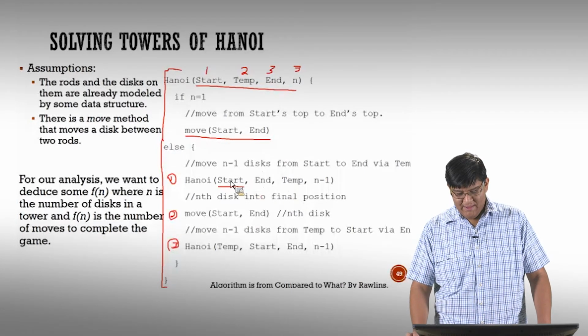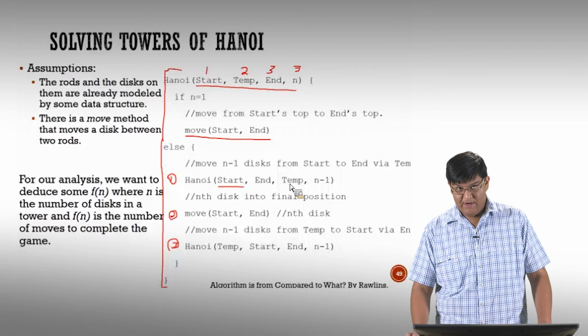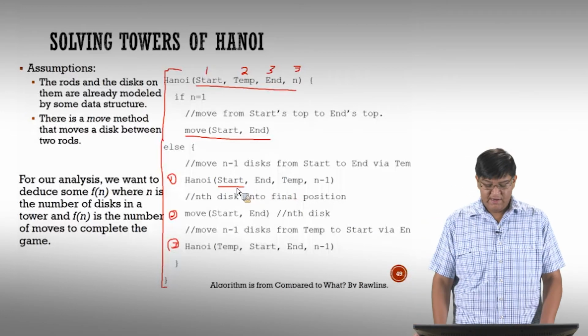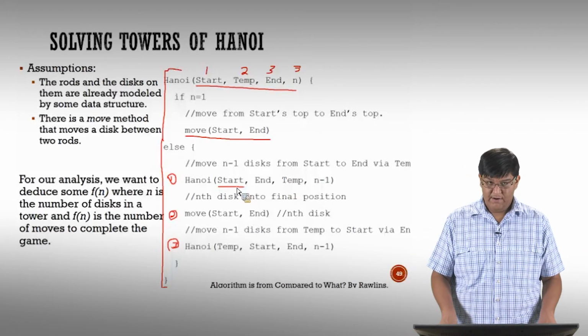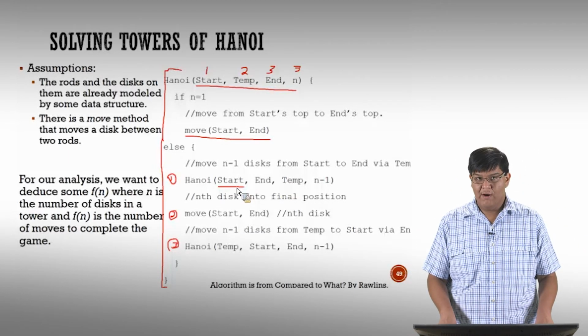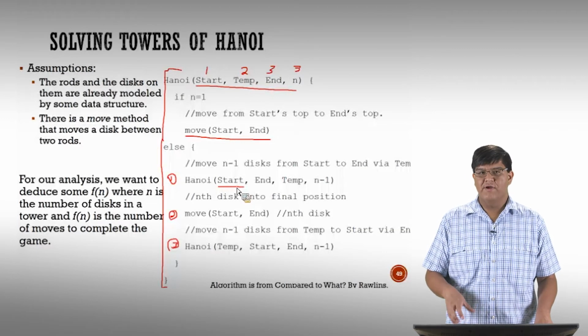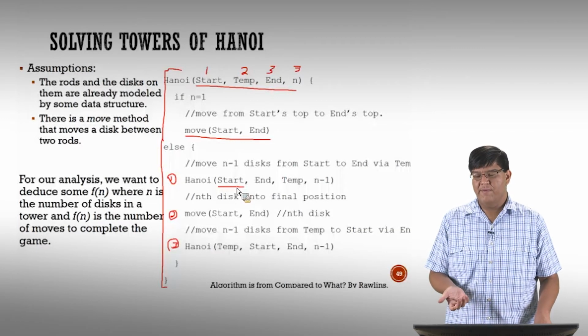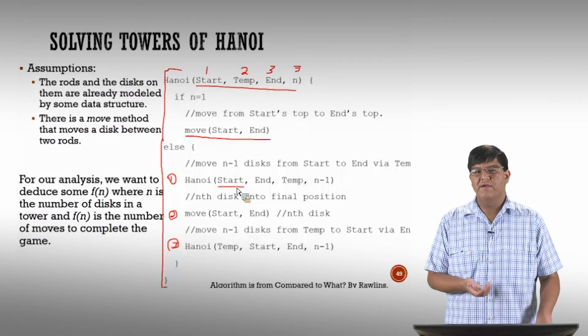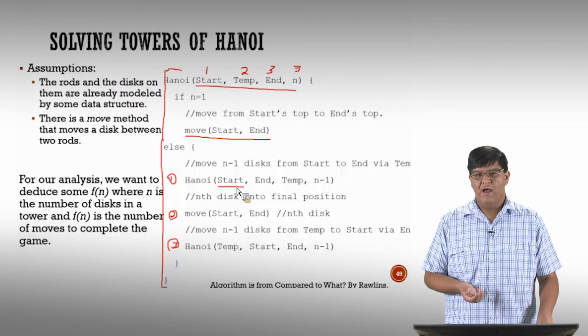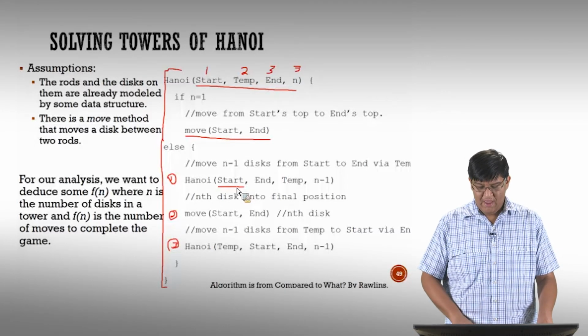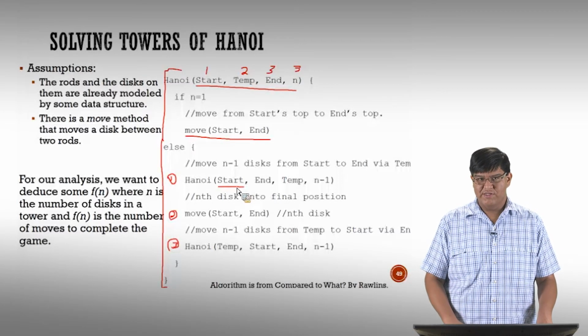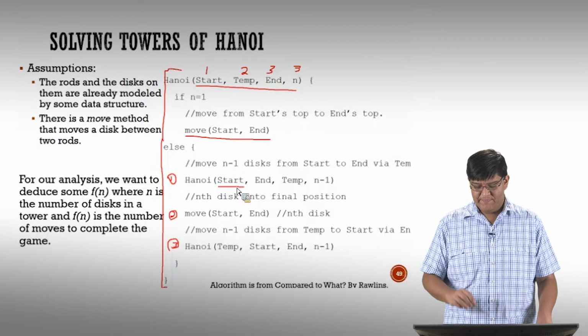The parameters are set up so the first thing is where you're getting disks from, and the last thing is where you're getting disks to. So what this line is saying is take disks from the starting tower, use the end tower as the temporary, and the temporary as the target. So we're moving n-1, meaning here, for example, 2 items, from that first tower to the middle tower. That's where we're doing our first partial decomposition of this tower, to move a couple of parts of it.